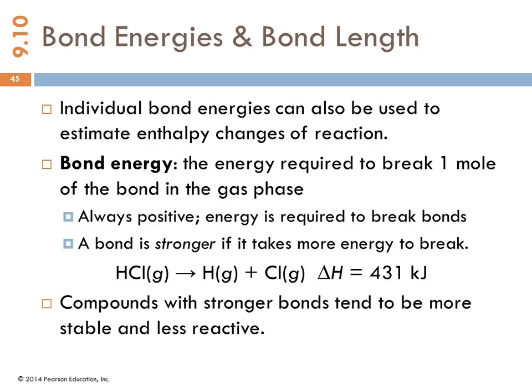Compounds that have really strong bonds are more stable and less reactive because they're in a good place. It takes a lot of energy to get them to do something else. A compound with very weak bonds is not going to take much to break those bonds and then create new ones. So breaking bonds always requires energy.